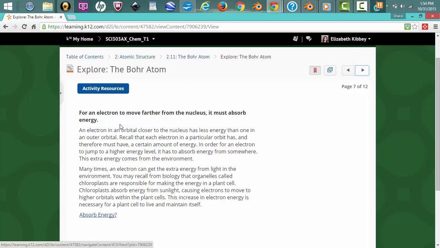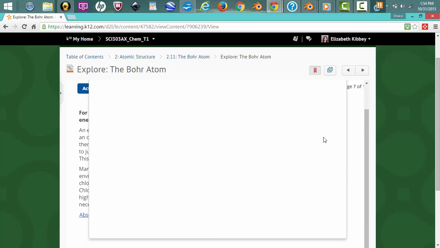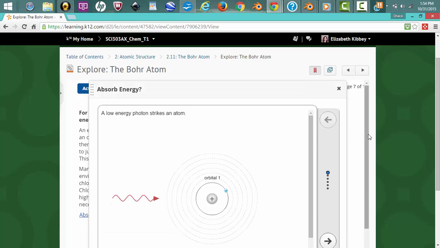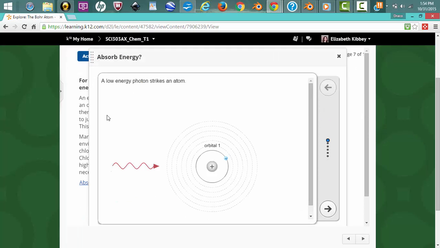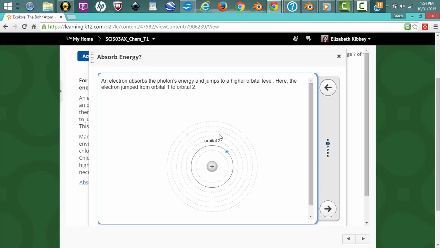For an electron to move farther from the nucleus, it must absorb energy. So let's look at this. A low energy photon strikes an atom. An electron absorbs the photon's energy and jumps to a higher orbital level. Here the electron jumped from orbital 1 to orbital 2.